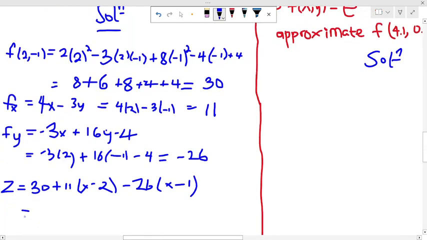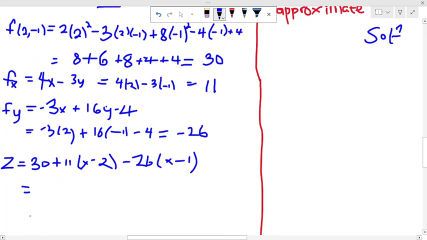So now let's expand. Now expanding this, we are going to end up getting 11 minus 26y. So now evaluating the constant, we have 30 here.